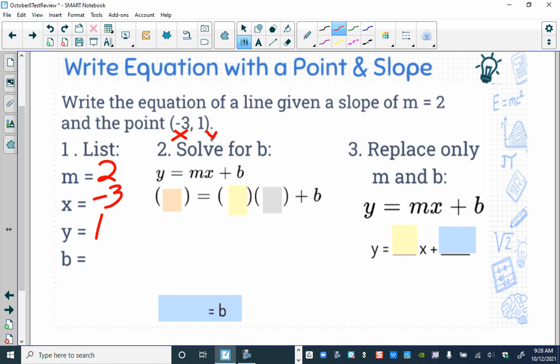What's our number for y? 1. 1 equals, what's our value for m? Is that m or is that x? M is -3. Now, you would have gotten away with it in the end because these two numbers you multiply. So if you had put -3 times 2 by accident, you still would have been okay. Because then you have 1 equals, what's 2 times -3? -6. And then bring down a plus b.